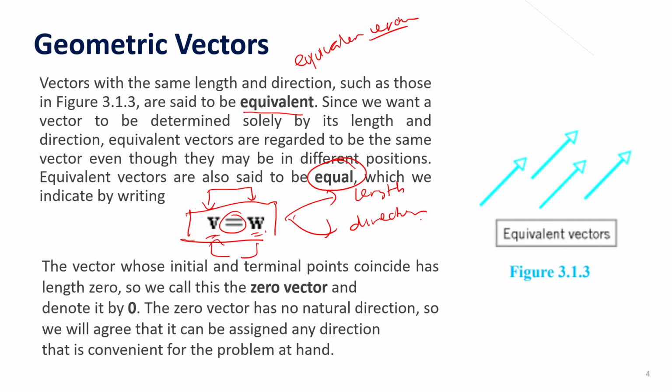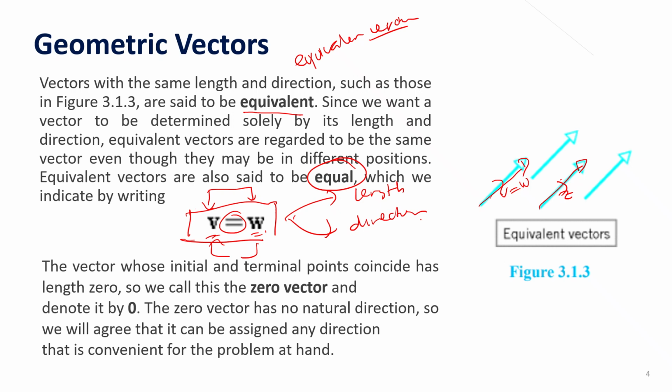Basically, if you draw it, this will be, let's say, vector v, and it is also equal to vector w. For another vector, let's say this one, z, maybe it has the same length but different directions.